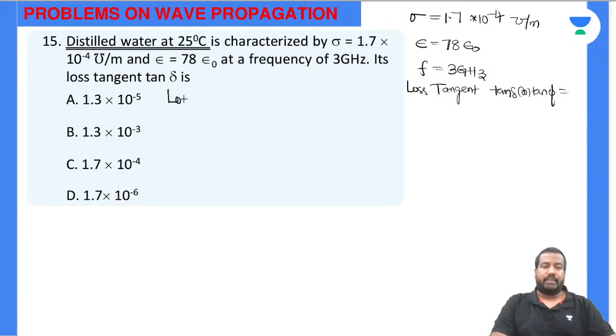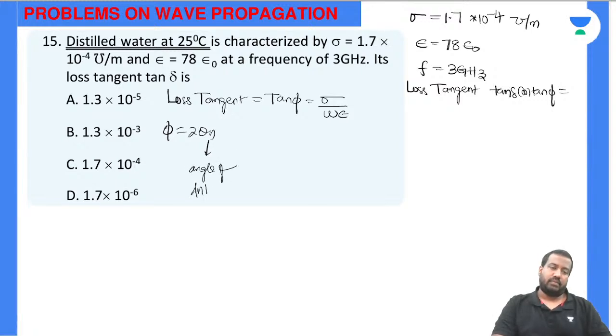Loss tangent, tan phi, is sigma by omega epsilon, where phi is 2 times theta n, where theta n is the angle of intrinsic impedance. Sigma by omega epsilon is sigma by 2 pi f epsilon naught into epsilon r.